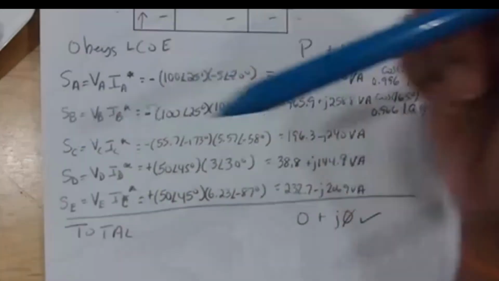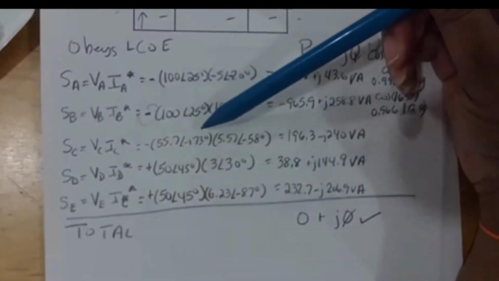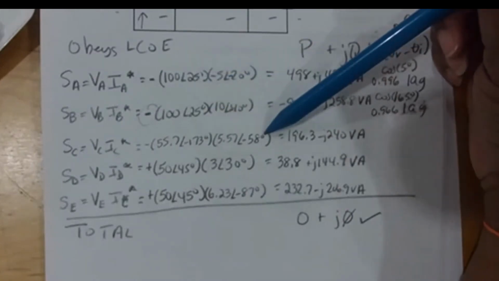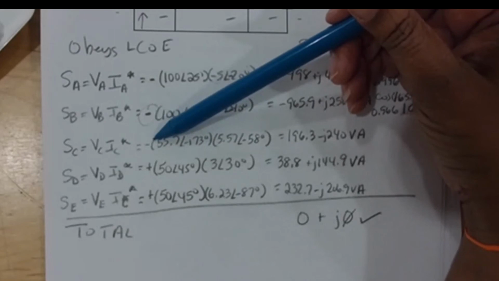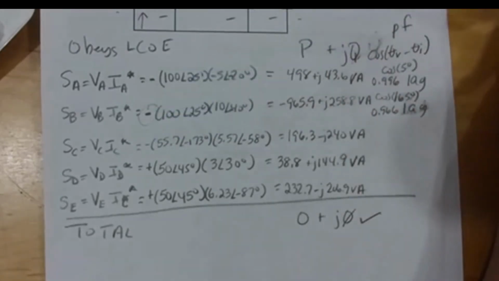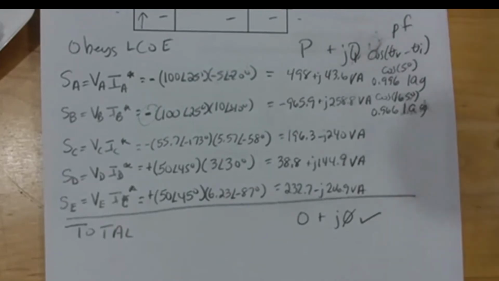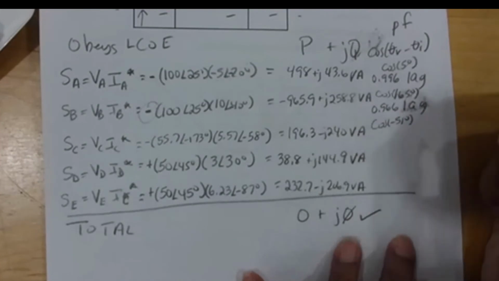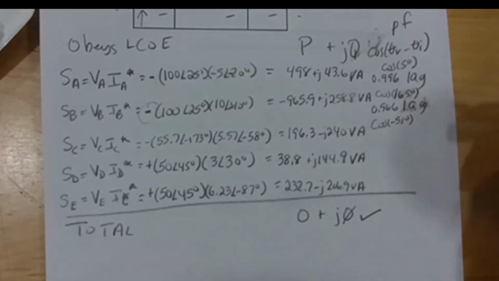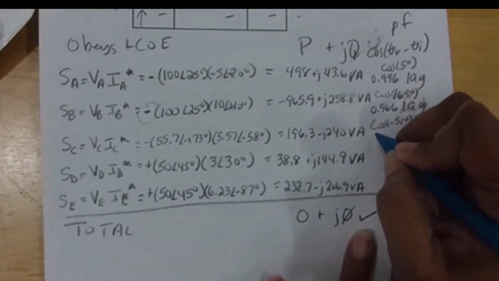Okay, so the same thing's going to happen here. I'm going to have negative 173 minus 58, but then there's a minus sign out front, right? So that one is going to be cosine of negative 51 degrees. So that's going to be 0.633 leading.